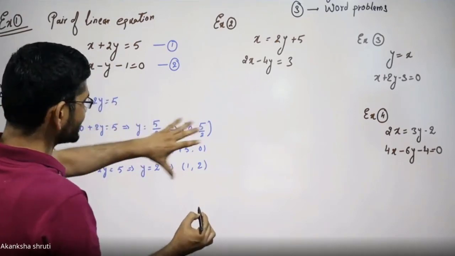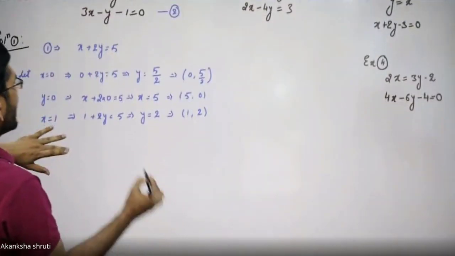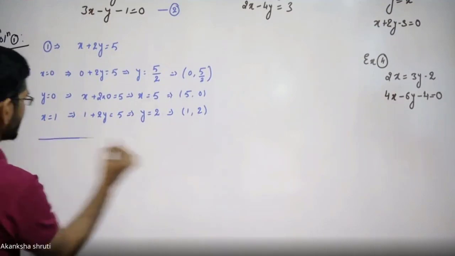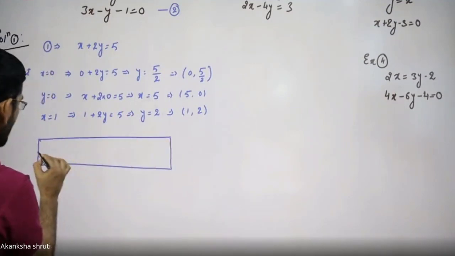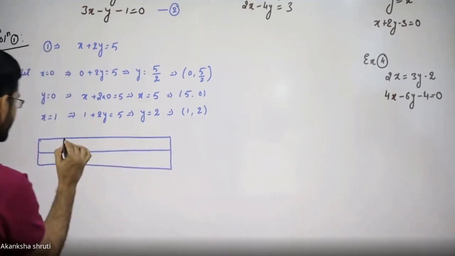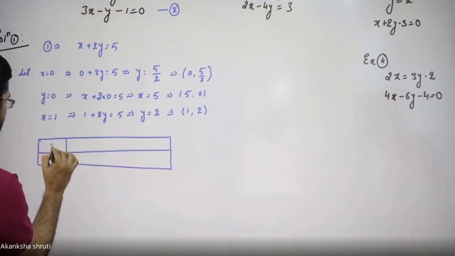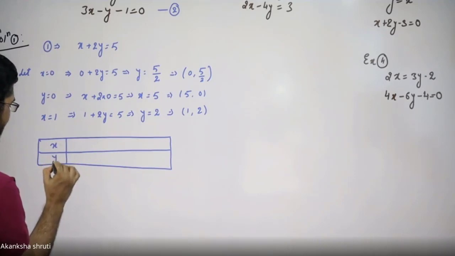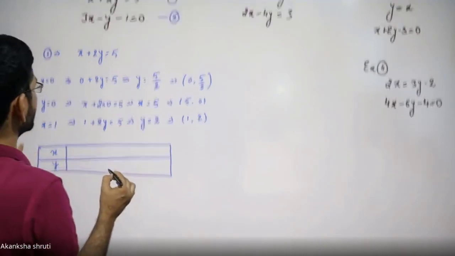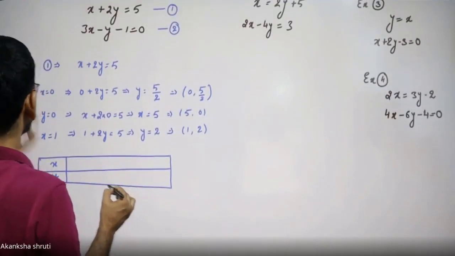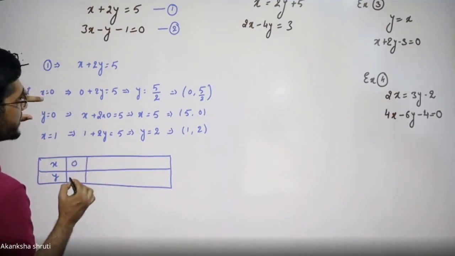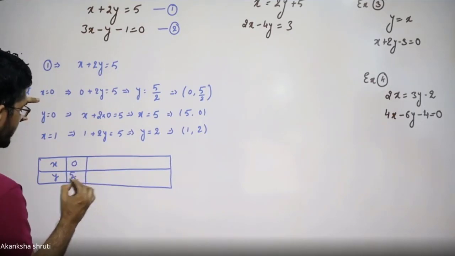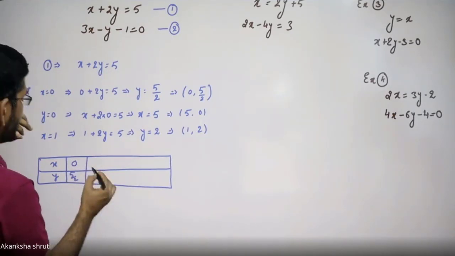So take at least these three values, and these three values are tabulated like this. For drawing the graph, you need to tabulate some solutions. That means you choose the value of x and calculate y, or choose y and calculate x. You are free to choose any of them. While choosing x equals 0, the y we obtained was 5 by 2. 5 by 2 or 2.5 mean the same thing.